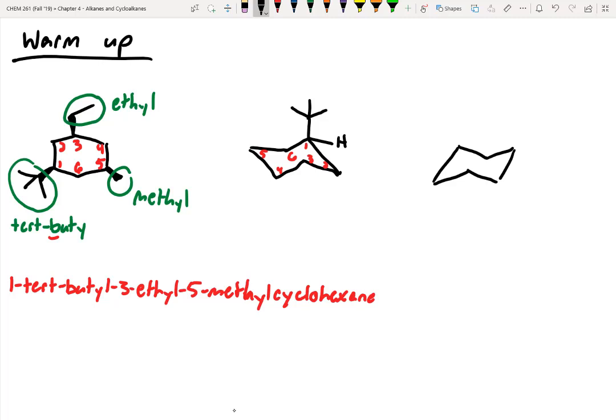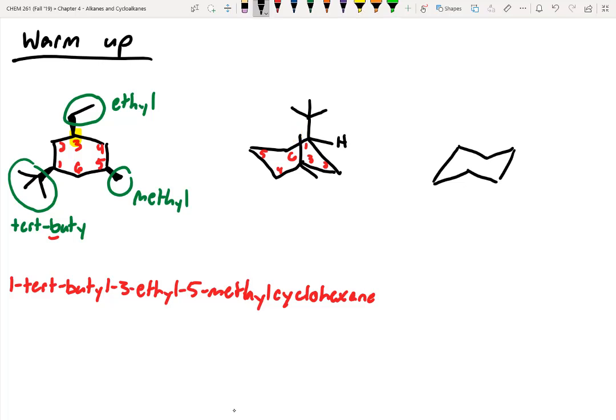All right, and then off of carbon 3, right here, we also have a carbon puckered up. What's going to be sticking up off of the axial position here? It'd be the ethyl group.